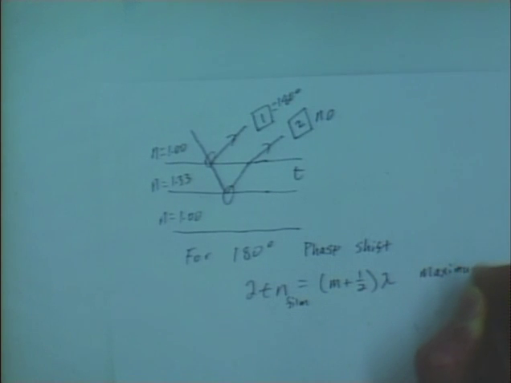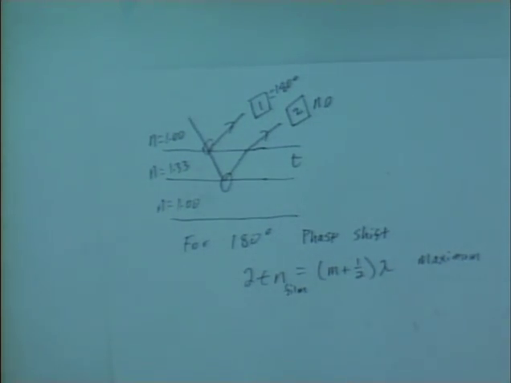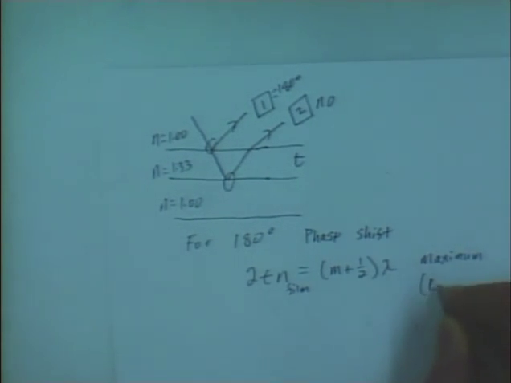Okay, now this is fancy physics talk. For a maximum, what did we call a maximum on Friday? What kind of interference? Constructive or destructive? Maximum interference. It's really bright. This is what is known as constructive interference. I can see it.